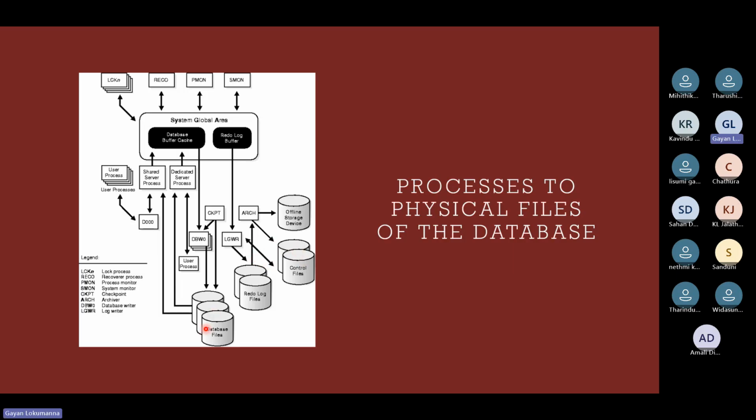You can see that all these files have multiples of them. If you take redo logs, you can see that this particular file has another copy of it. We call them members.